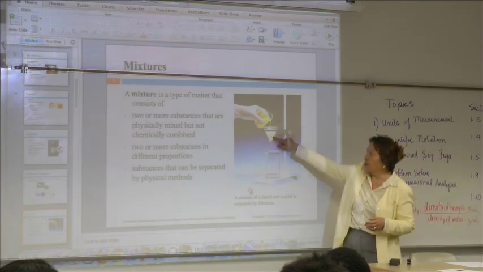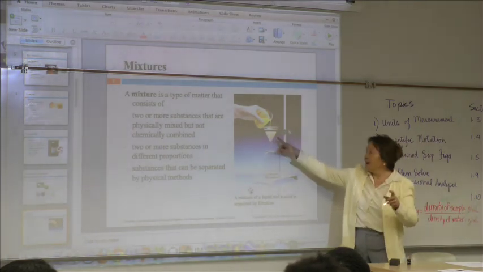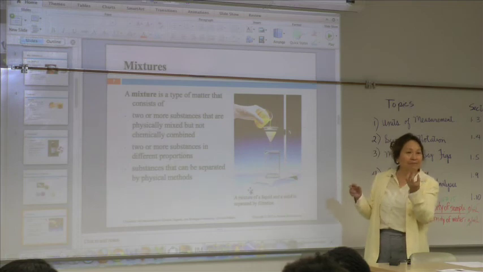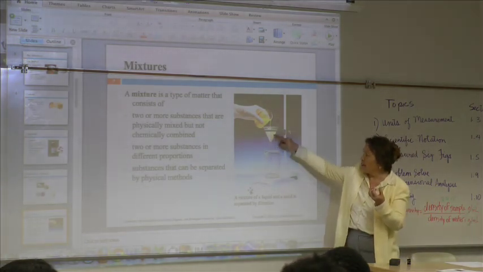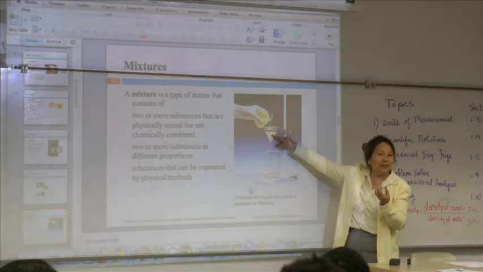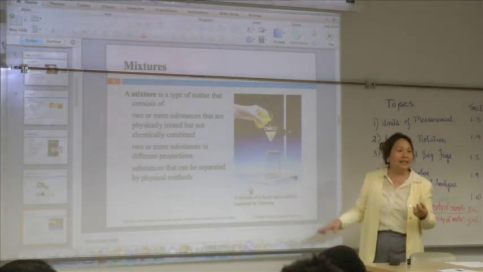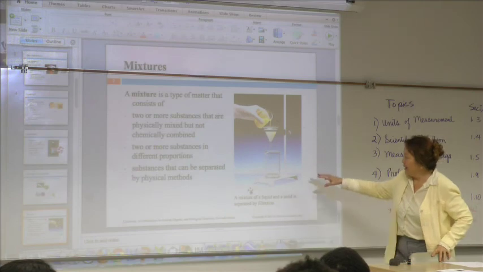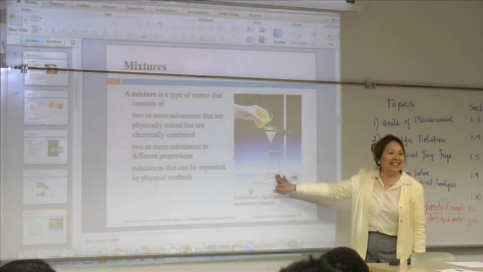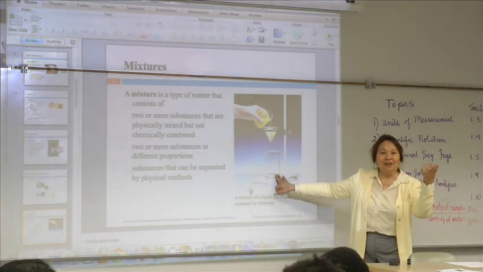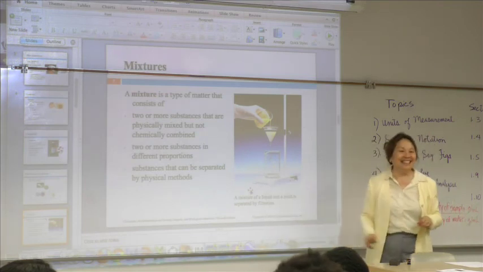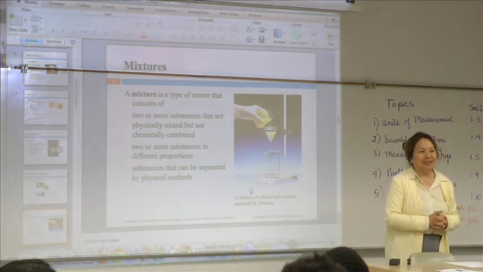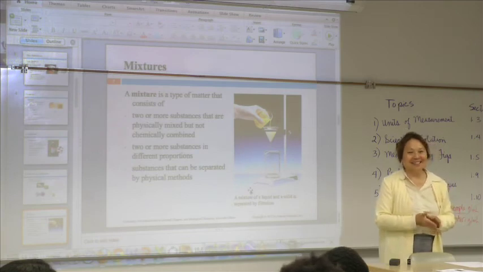So pour it through a filter, like a coffee filter. And then you separate it, so the sand stays in the filter paper while the seawater gets down here. If you want to make salt, put it outside in the sun, it will evaporate, and you see salt crystals accumulating in the beaker. That's really nice, right?